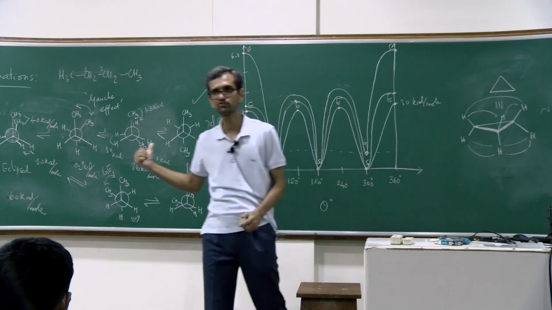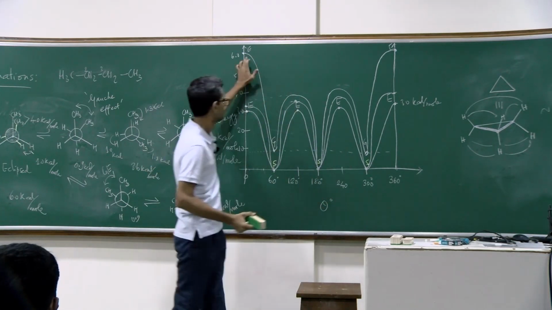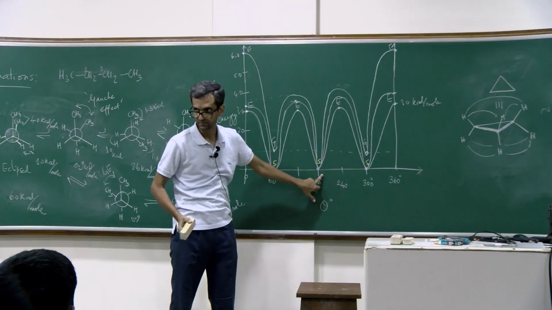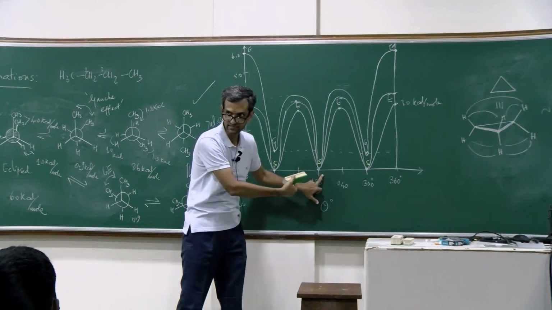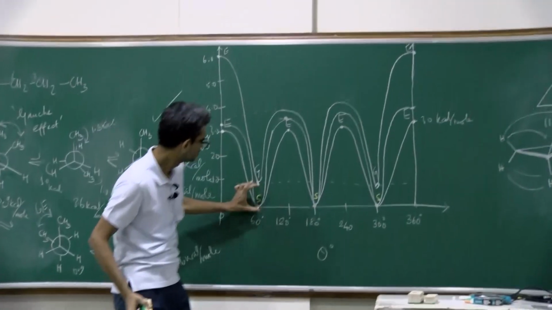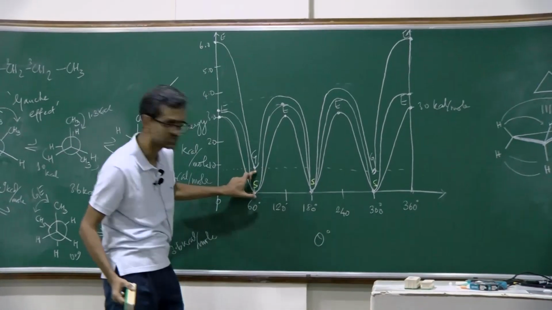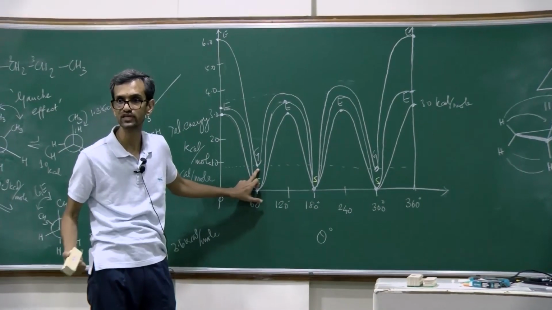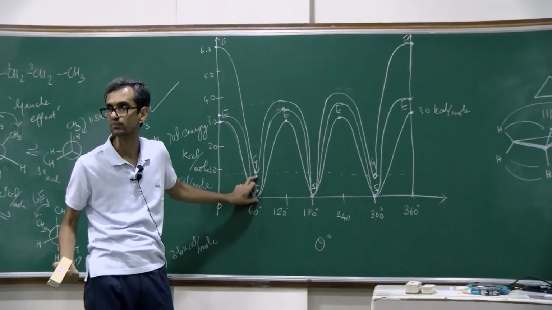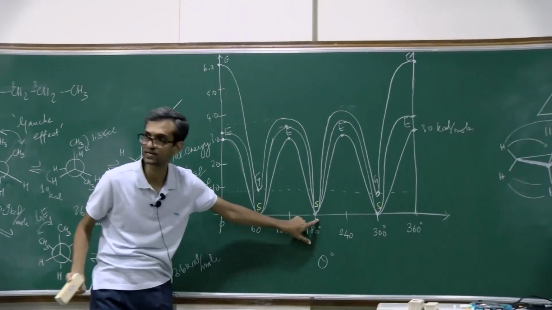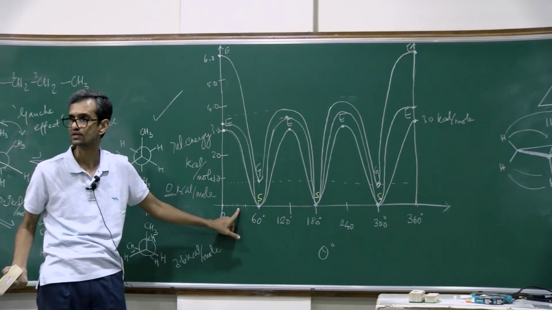Right? This is the lowest energy conformation. So when it achieves this, the difference between this form and this form is not so significant. It's only 0.9 kcal per mole between the staggered and the gauche.